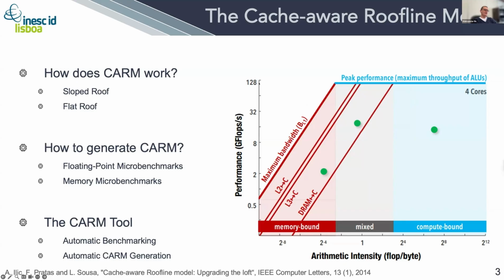As you may know, the roofline model has two axes. The Y axis depicts the performance, and it's in log scale. On the X axis, we have arithmetic intensity, which is expressed in flops per byte. You can think of it as the total amount of flops in your code, or a certain part of the loops, performed per byte that you transfer.